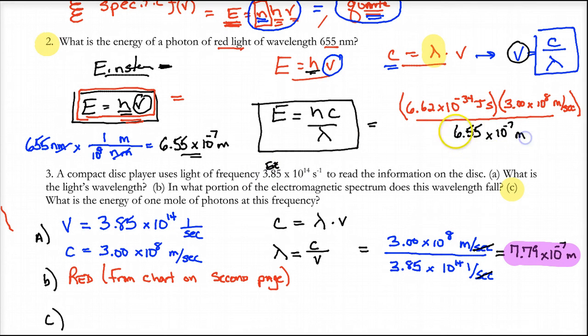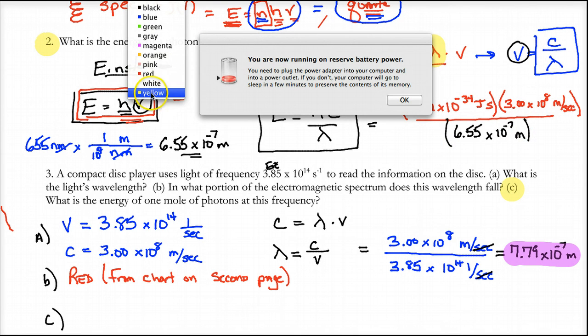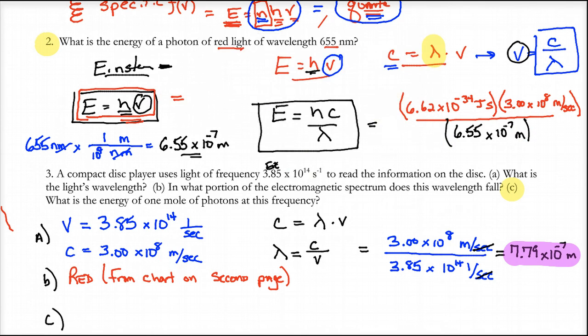Meters here, and of course check our units as always. Okay, and what I get is 3.03 times 10 to the negative 19. Now, of course, meters go bye-bye, seconds go bye-bye, and I'm left with joules.